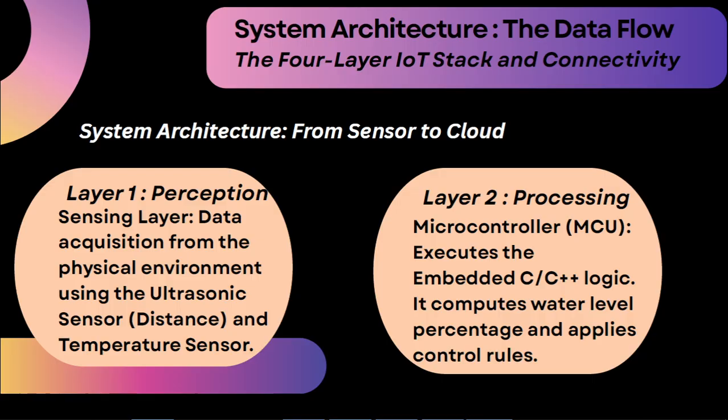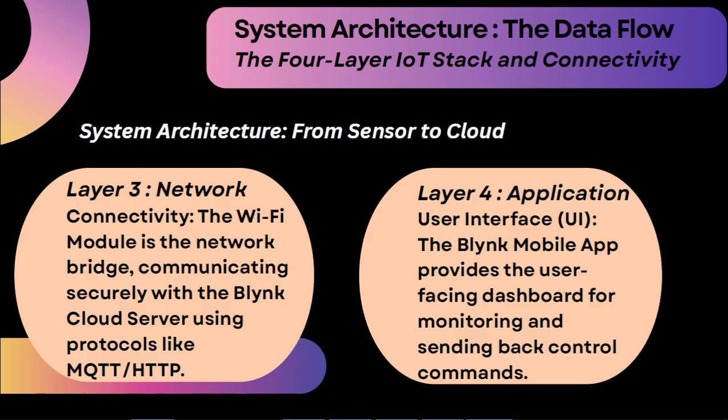Second one is layer 2, processing, the microcontroller MCU. The data moves to the microcontroller, which executes our embedded C++ logic. Here it computes values such as water level percentage and applies all the necessary control rules. Third layer is network, meaning connectivity. The Wi-Fi module acts as a network bridge.